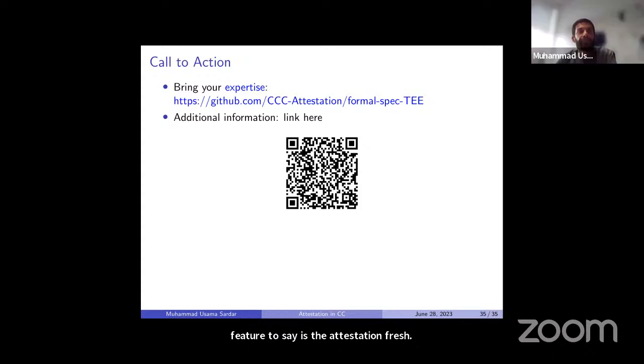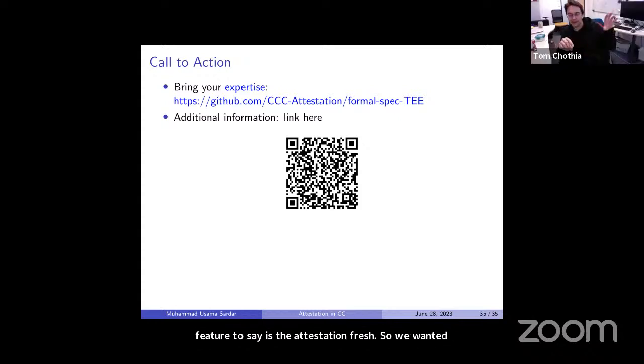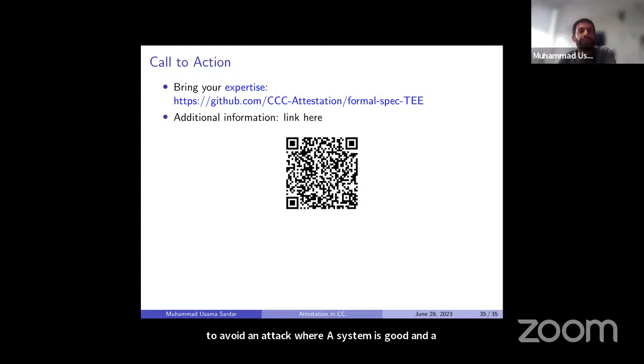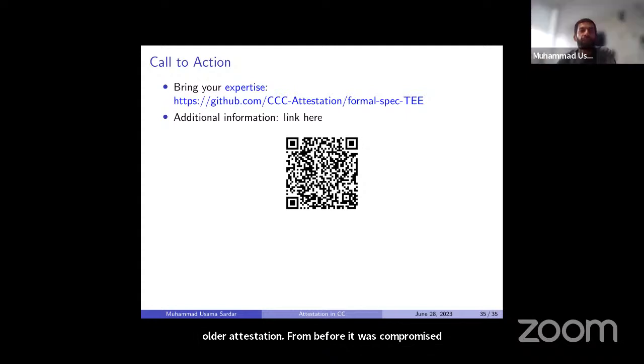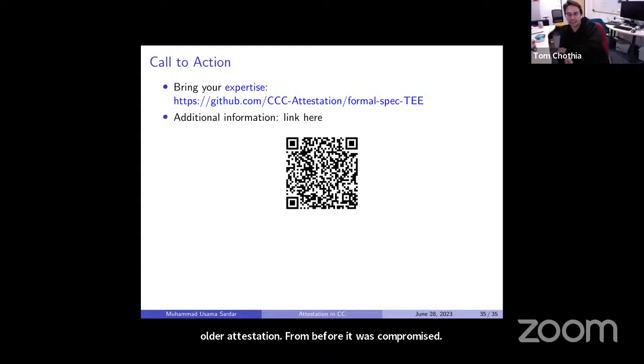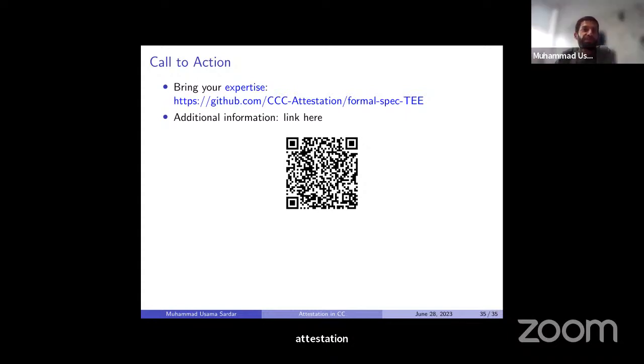We wanted to avoid an attack where a system is good and attests, then it's compromised, and then it replays an old attestation from before it was compromised. So that's time of compromise versus time of attestation. So this is kind of time of check to time of use.